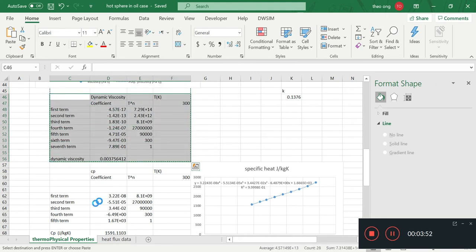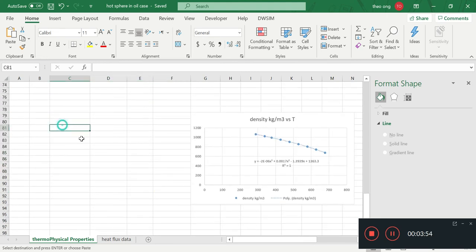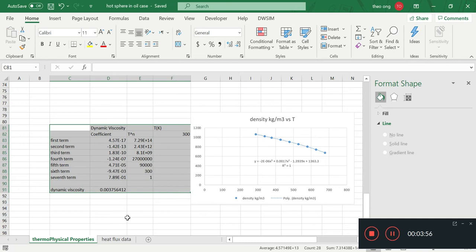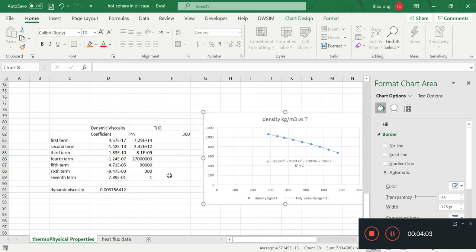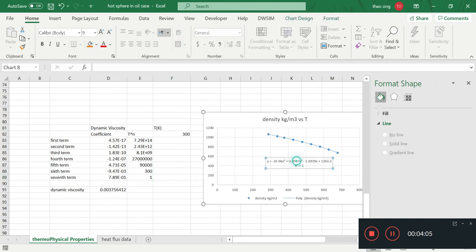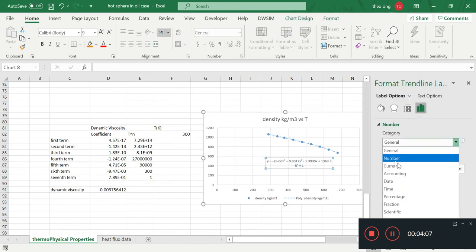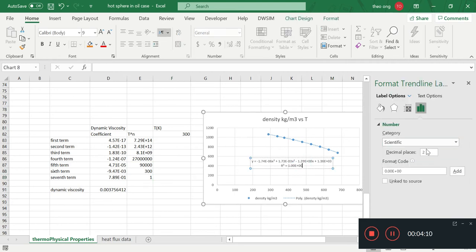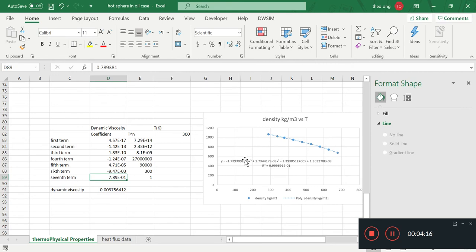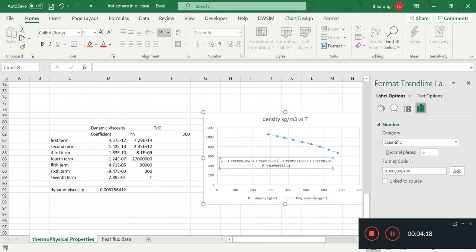Good thing this formula is pretty easy to reuse. So this is the polynomial fit of density versus temperature for the whole term. You just do the same thing, change to scientific. Let's put it at like 6 decimal places just for the heck of it. It is a polynomial fit to the third power.